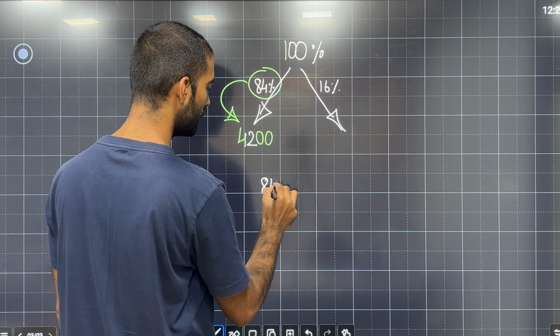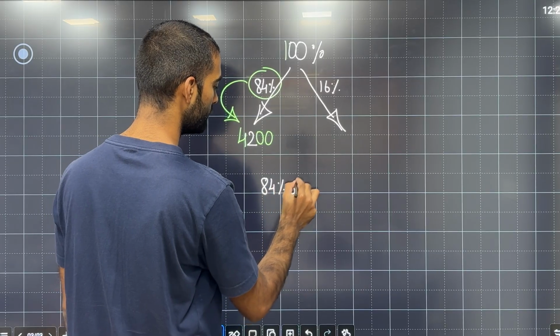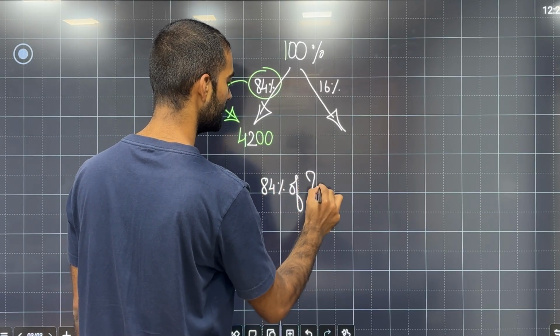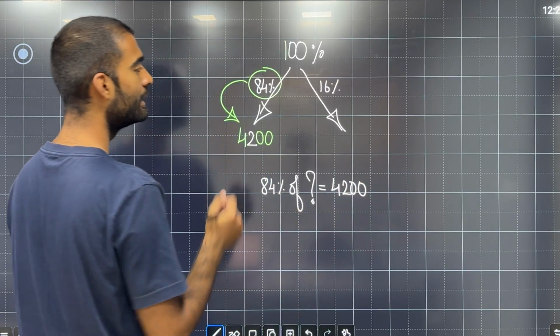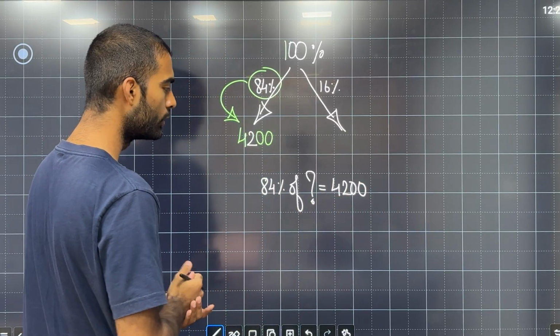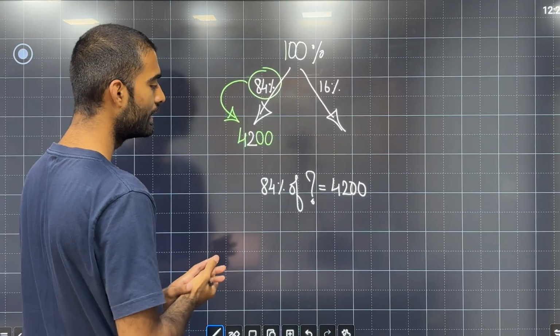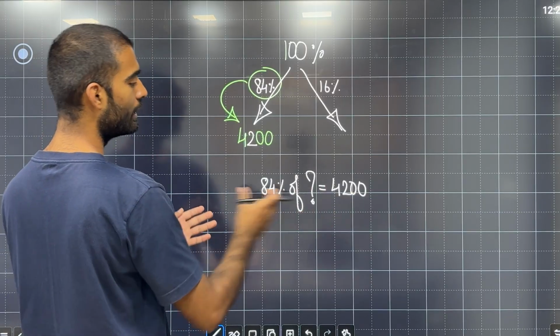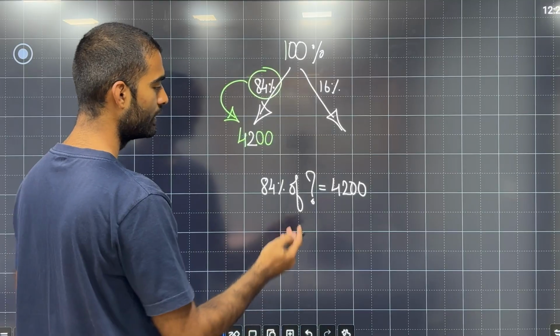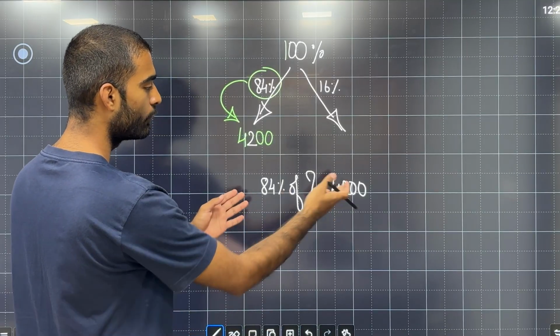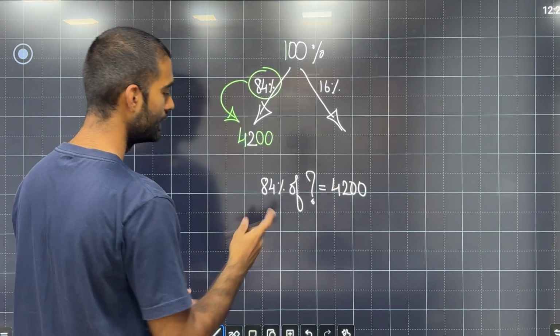Again, 84% of something is equal to 4200. Then this problem, 84 is not such a good number. So you can't directly take it, but you can see a very good relation over here. 84 into 5 is 420. How am I getting it? Because 84 divided by 2 is 42.